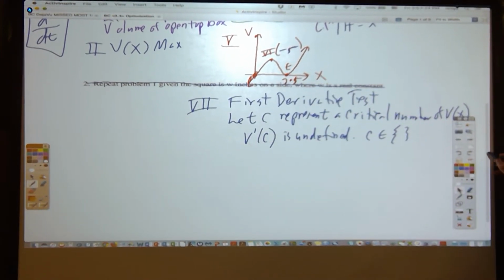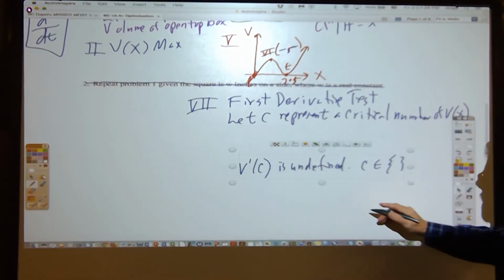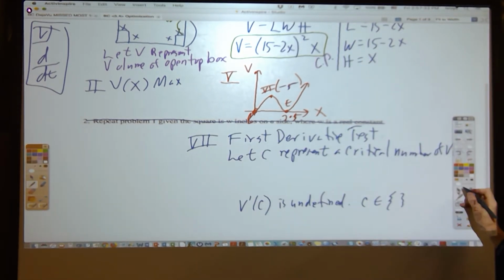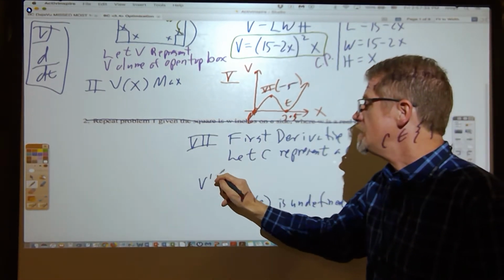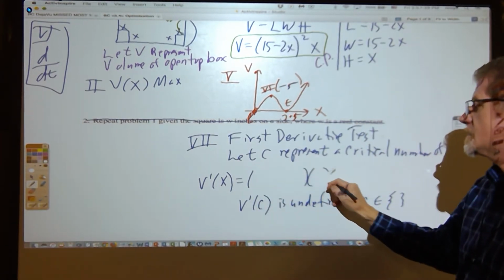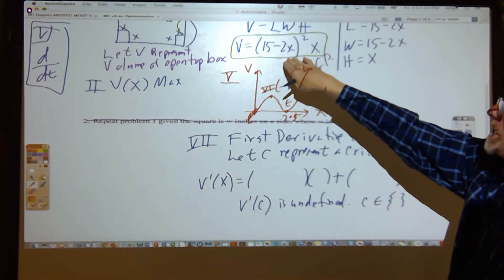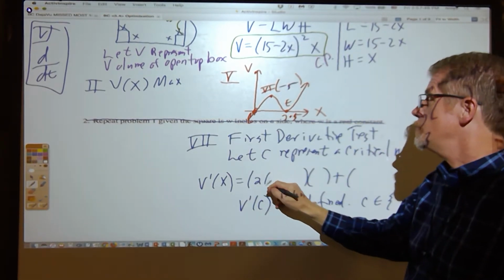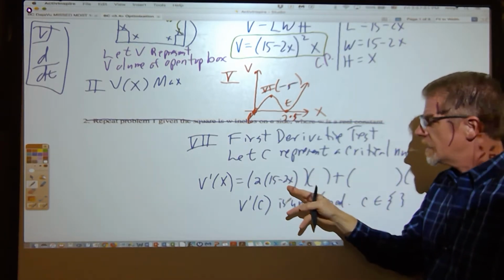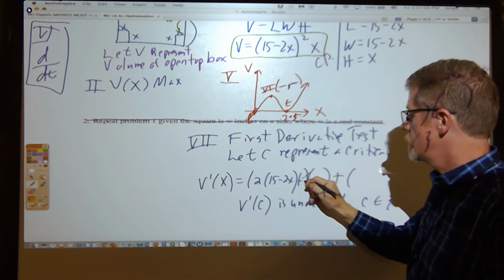So let's find v prime of x. Celebrated equation. Let's take the derivative using the product rule. Derivative of the first times the second plus first times the derivative of the second gives me the derivative of the blob squared, which is 2 times the blob to the first times the derivative of the blob, which is -2.